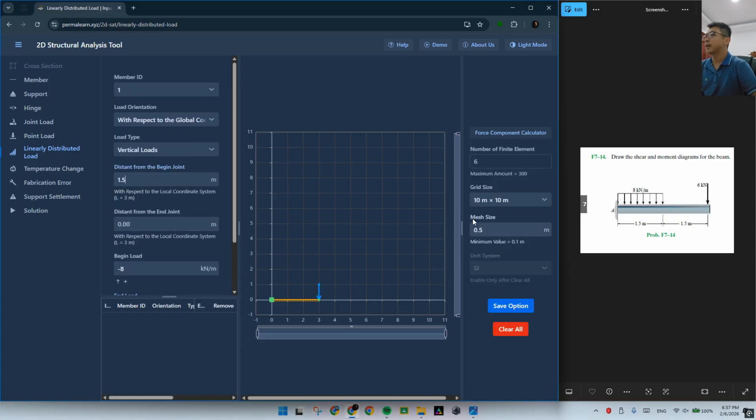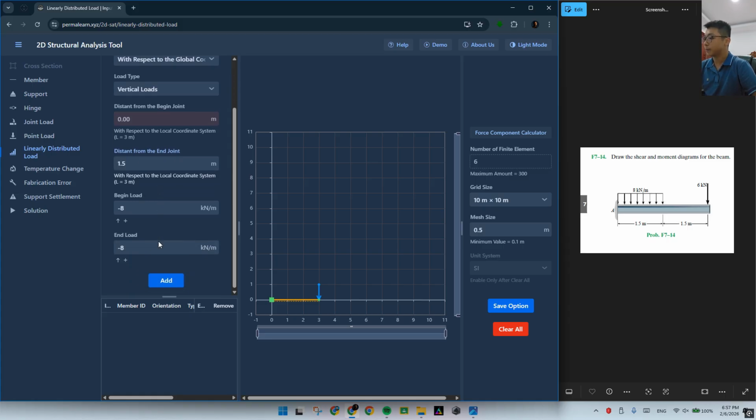Sorry for this mistake. The beginning point is 0 meters, and the distance at the end of the joint is 1.5 meters. So we click edit. Here is the beginning of the load, and here is the end of the load, at 1.5 meters from the fixed support A.